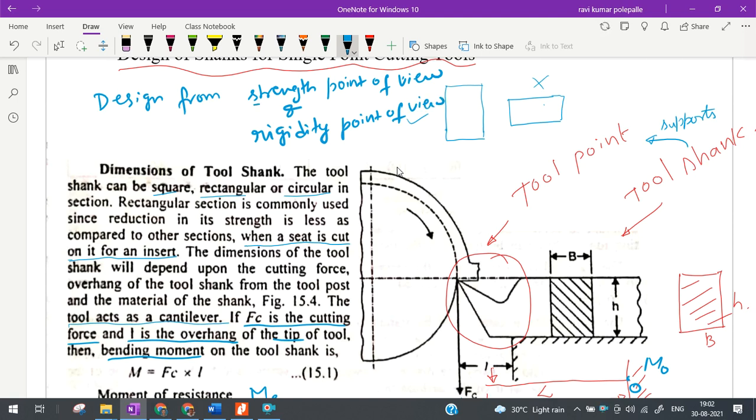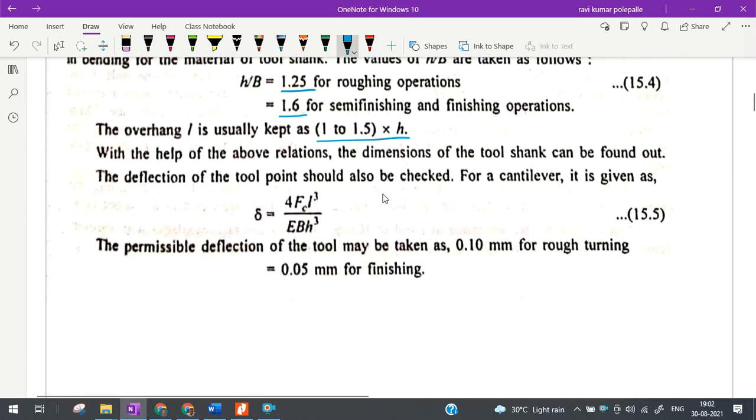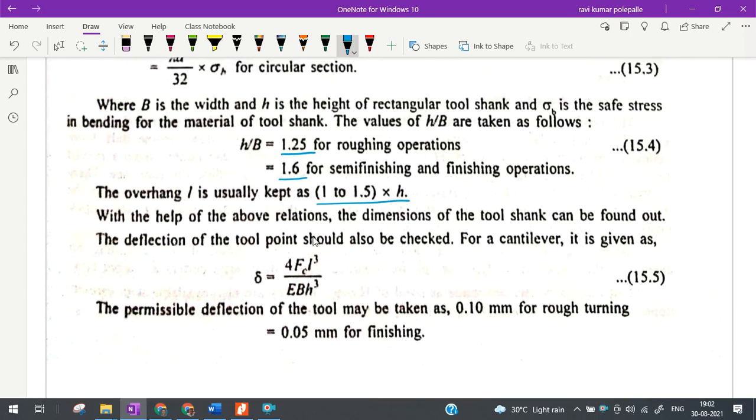So we have seen how we have designed from the strength point of view by considering the bending strength. Now we can see how we can verify whether it's rigid or not. So rigidity here means deflection. So how much is going to be the deflection?